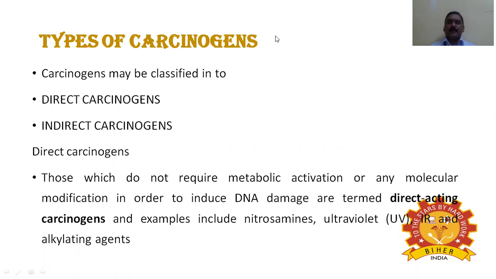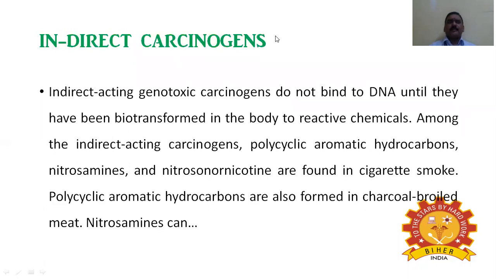For example, ultraviolet radiation, alkylating agents. Next, I'm coming to indirect carcinogens. Indirectly acting genotoxic carcinogens do not bind to the DNA molecule until they have been biotransformed in the human body to reactive forms.